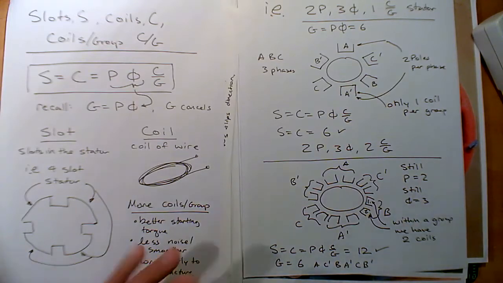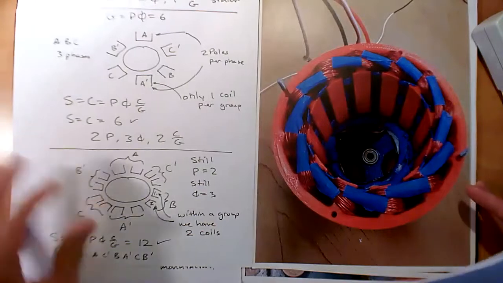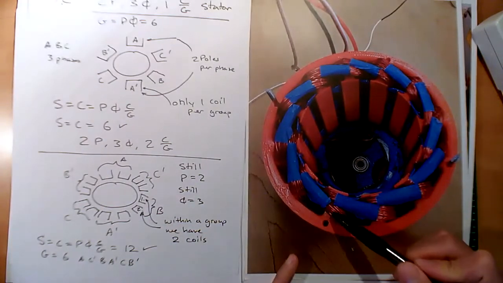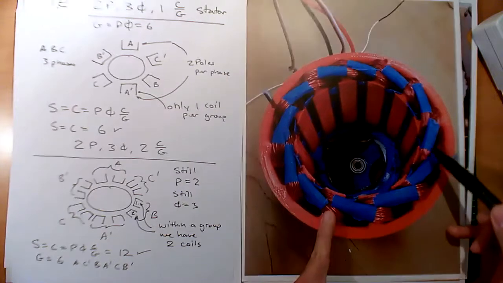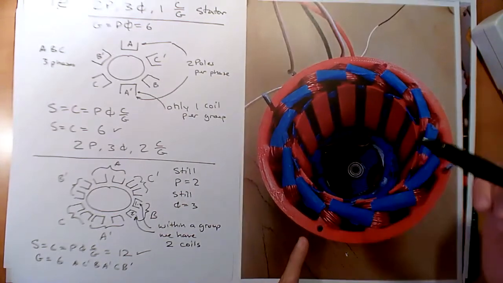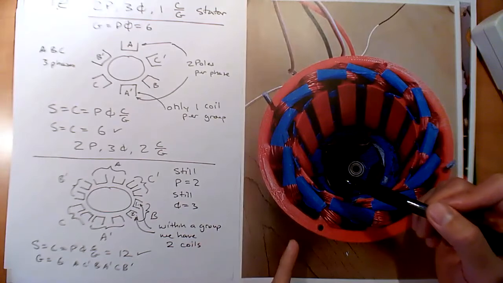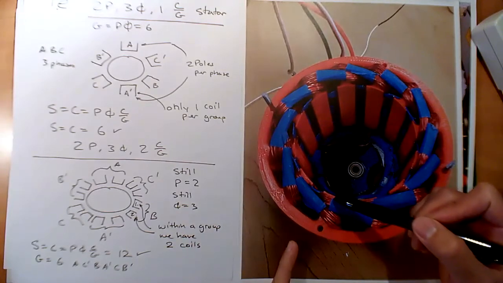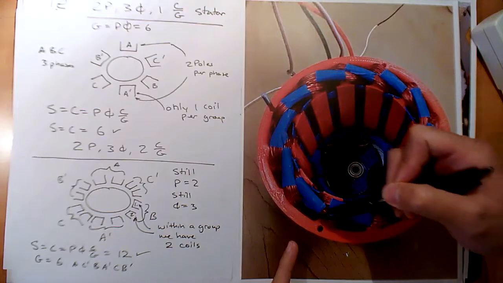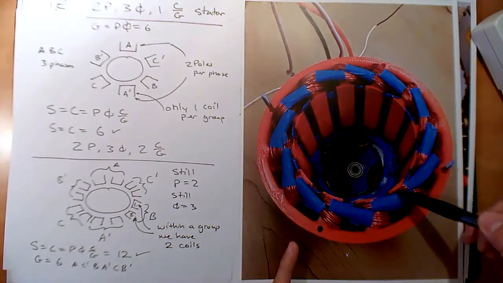And so an example is a student-built stator right here. So this is a 3-phase student-built stator with 12 slots and 12 coils, 1, 2, 3, 4, 5, 6, 7, 8, 9, 10, 11, 12. I actually don't know how many coils per group it is, but this is an example of how it's overlapping, right?